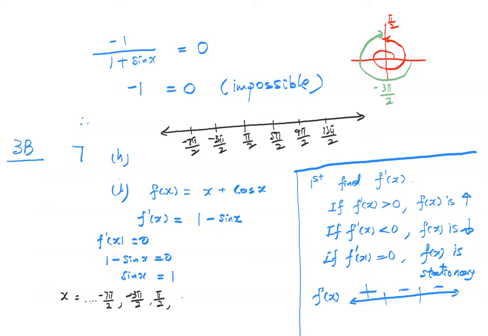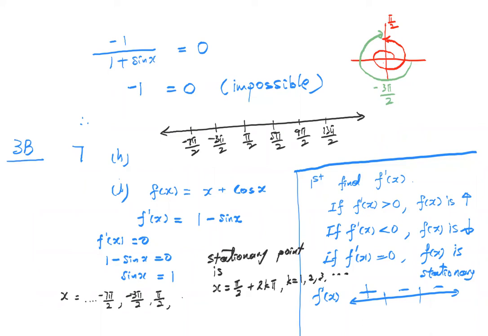So that means in this case, the stationary point is x equal to pi by 2 plus 2k pi, where k is a positive integer, or where k is 1, 2, 3, and so on and so forth.